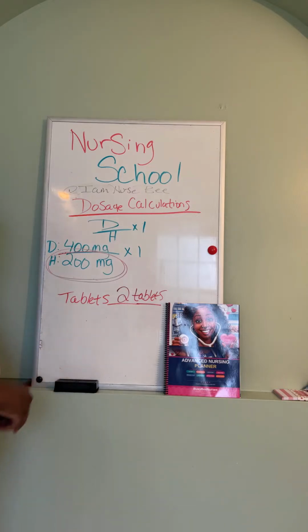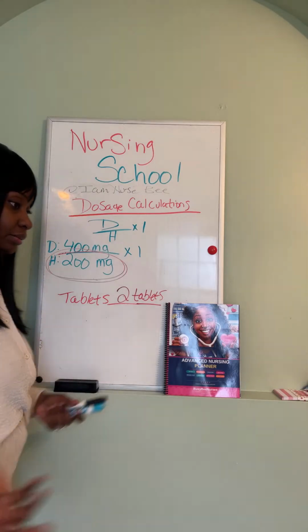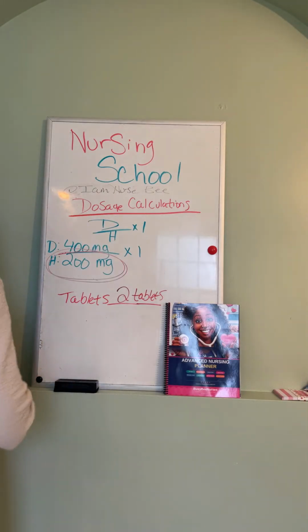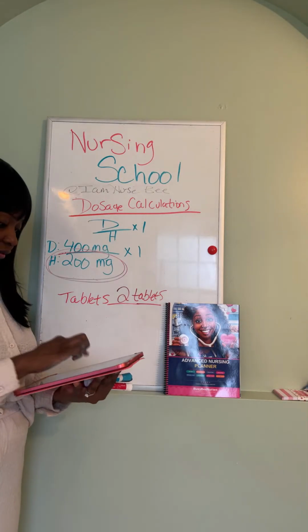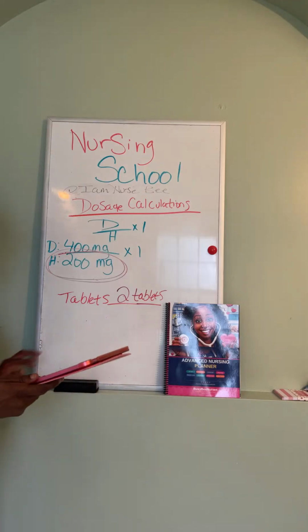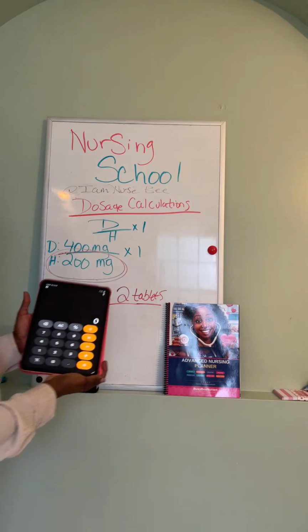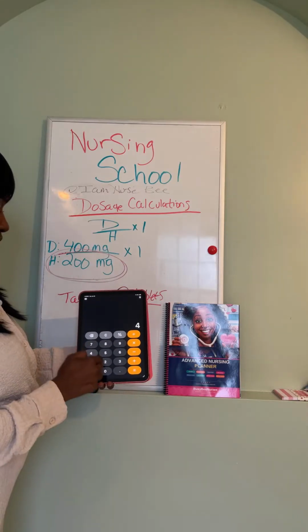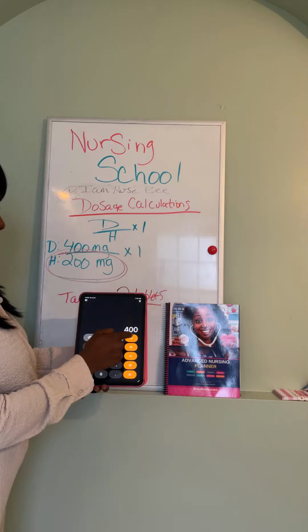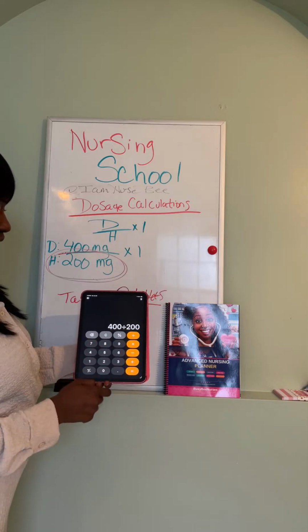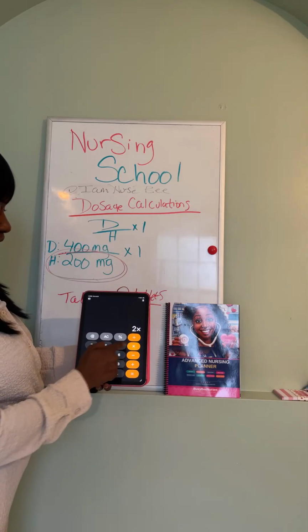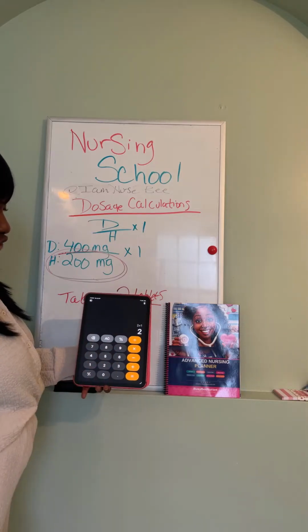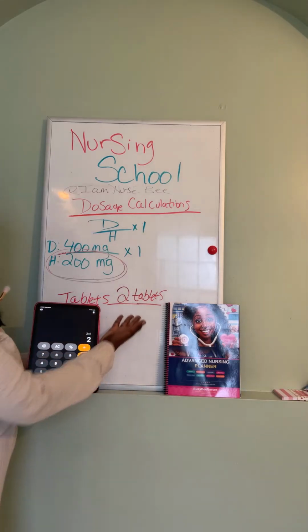And it's very easy. You have calculators now. So if you want me to show you on the calculator, I'll show you guys how to do it. So we have the calculator here. You are going to do 400 divided by 200, gives you your total times 1, 2 tablets.